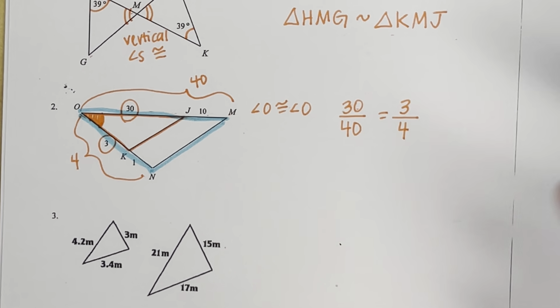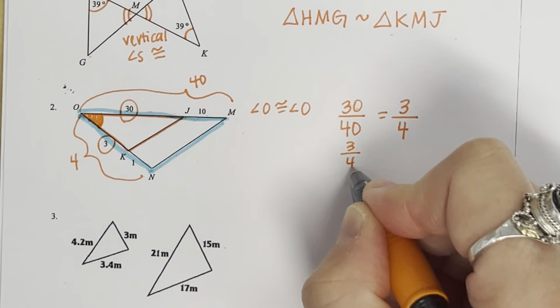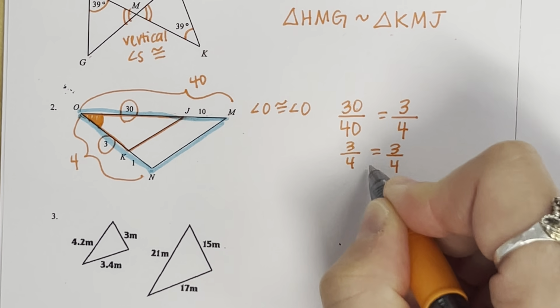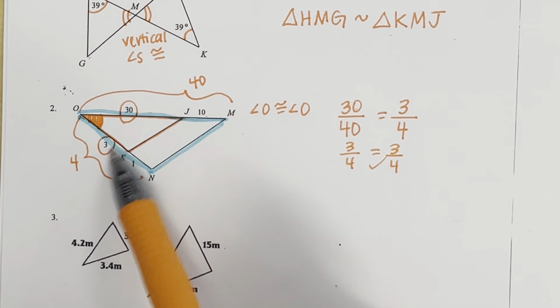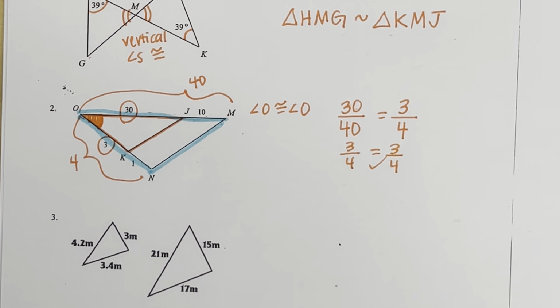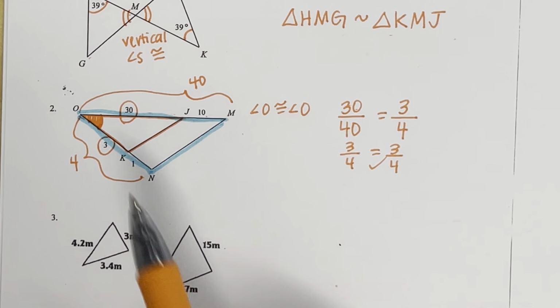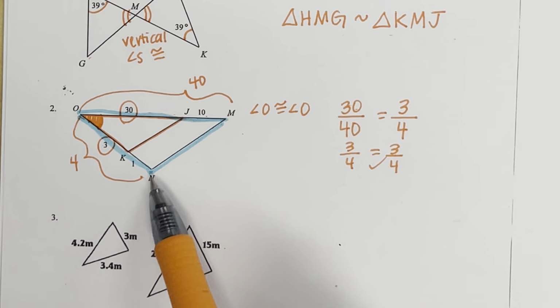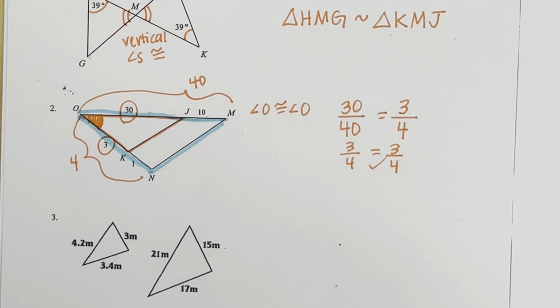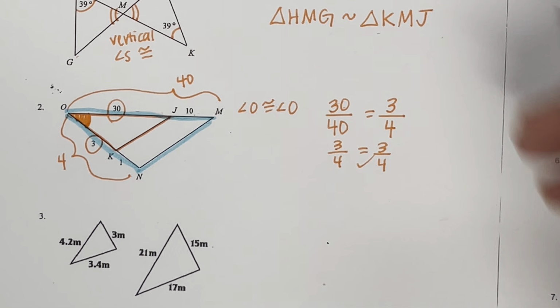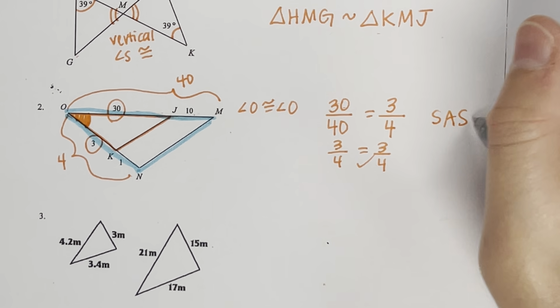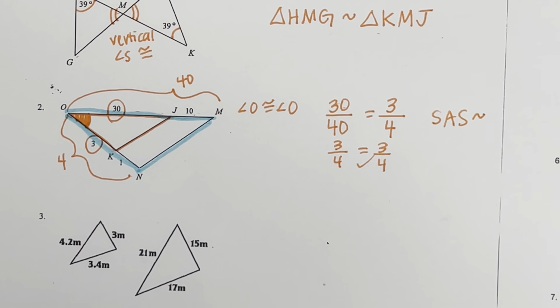I know that 30 divided by 40 reduces to 3 over 4, and that is the same as 3 over 4. So I've got two sides that have the same scale factor, 3/4, and I also have an angle that they share. So I've got two sides and an angle right in between them. So these are similar triangles by the side-angle-side similarity theorem.